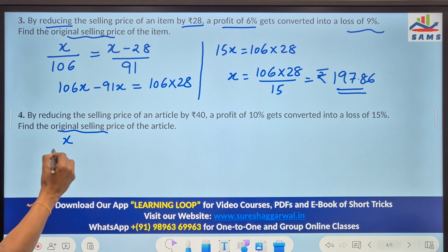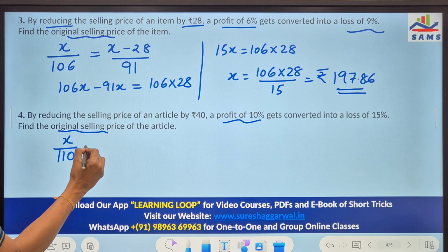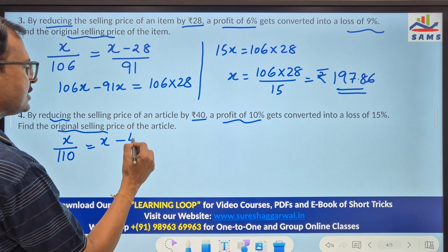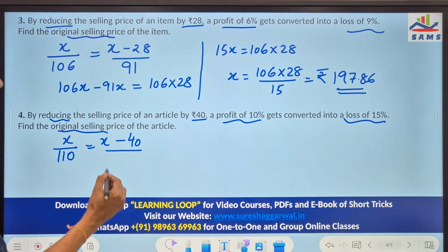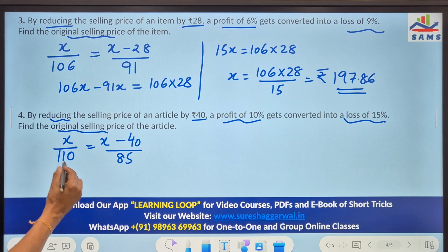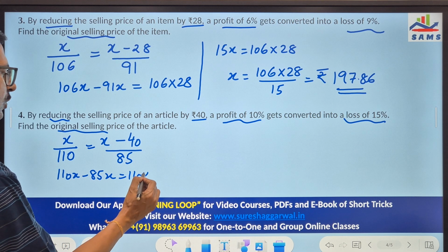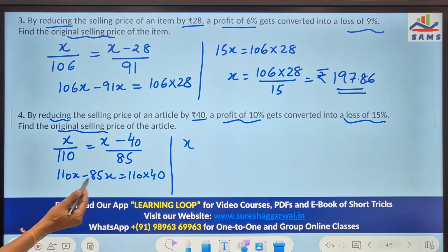Original selling price X. What was profit of 10? So 110. X minus what was change? Reducing by 40. So X minus 40. And what is the final thing? Loss of 15. So 100 minus 15, 85. So 110x minus 85x equal to 110 into 40. And so the value of X, this is 15, 25, right? 25.